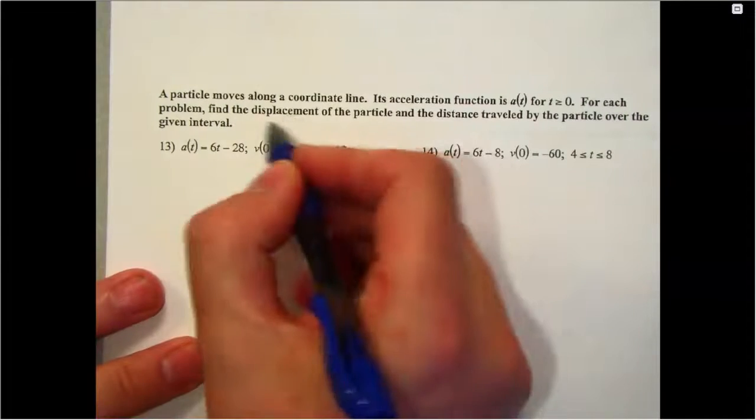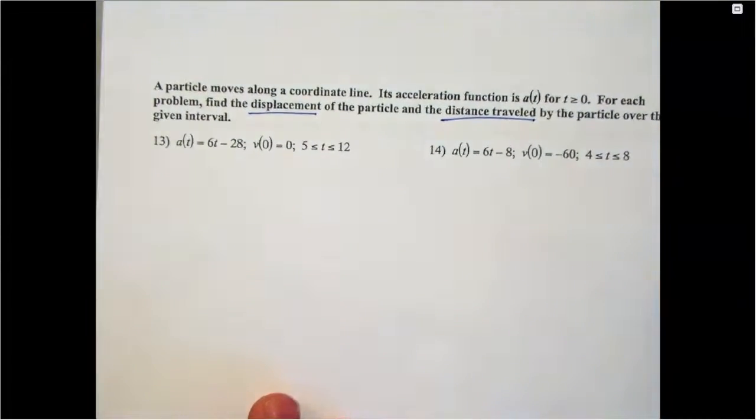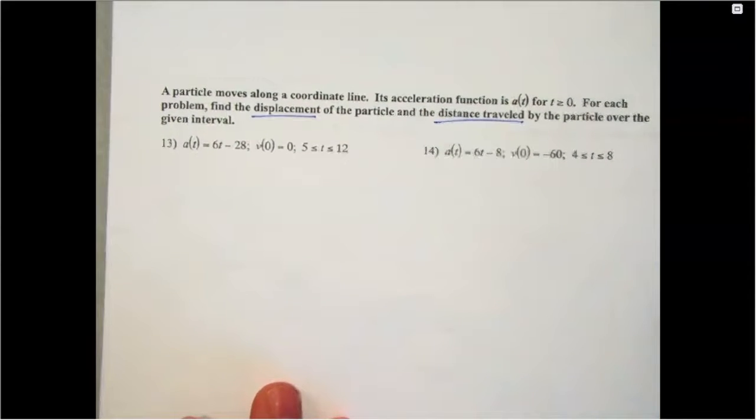So they want the displacement and the distance traveled over the given interval. But almost every time you see this question, there's going to be some part of your trip that you're moving forward and some part that you're moving back. So we're going to find the velocity function. We're going to set it equal to 0, figure out where it's positive and negative, and go from there.